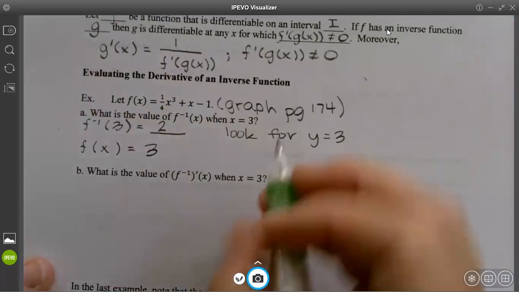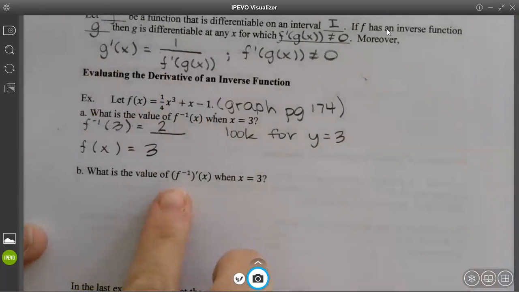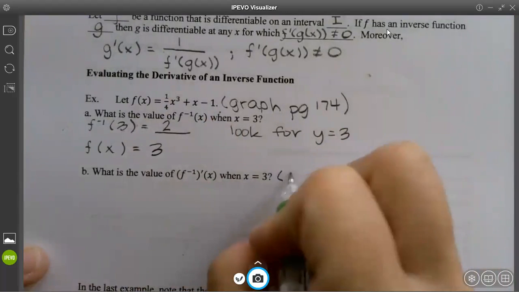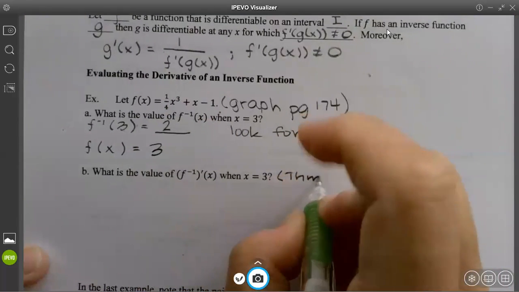So it says, what is the value of f inverse prime of x when x equals 3? This is from that Theorem 3.17.